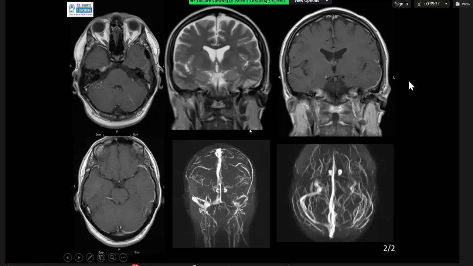So these findings are suggestive of venous sinus thrombosis. I'm just trying to see if there's any abscess collection anywhere within the brain parenchyma. I can't see any.